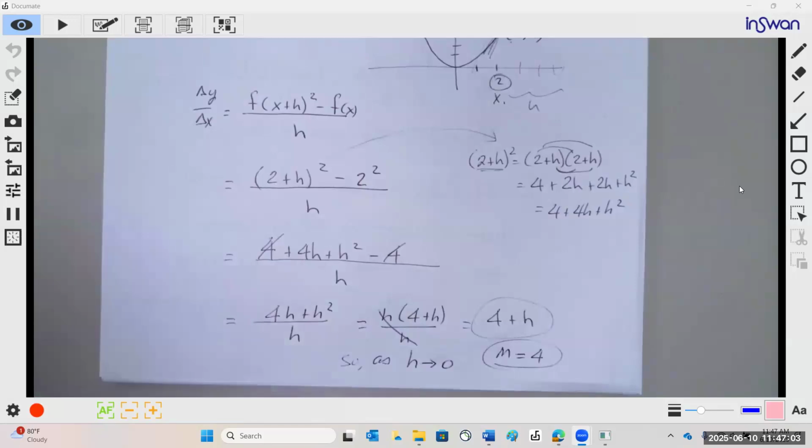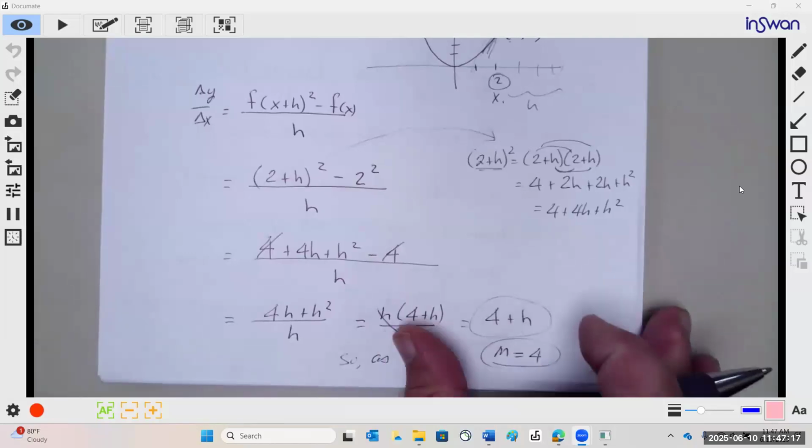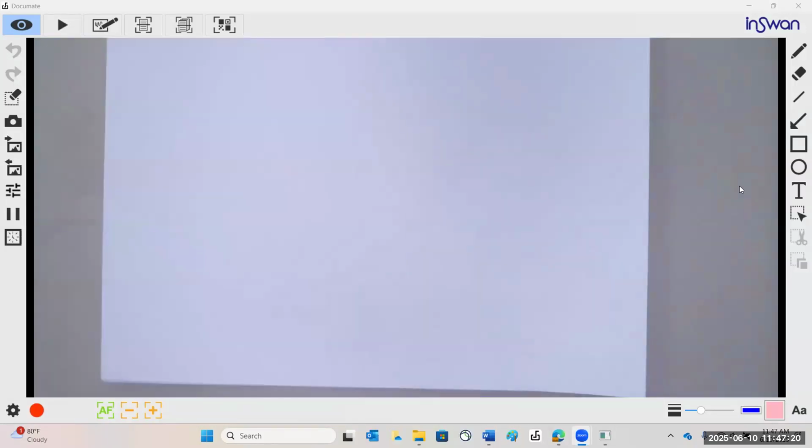What's the difference between secant and tangent? How would you define the difference between those two? Remember the terms we used when we talked about our slope.